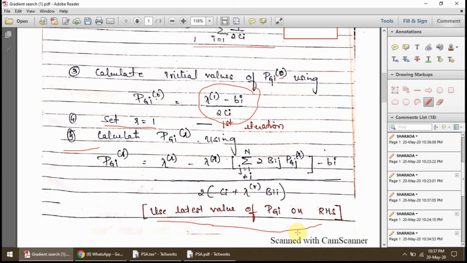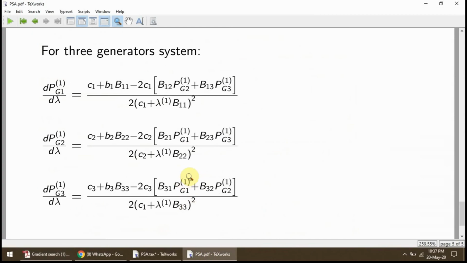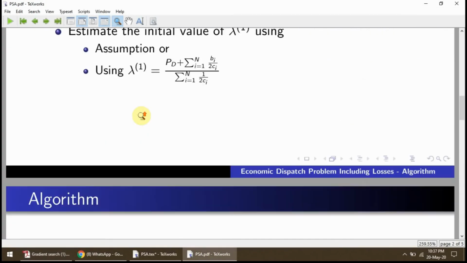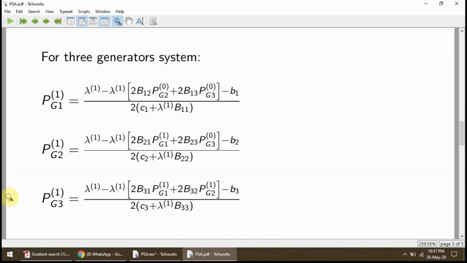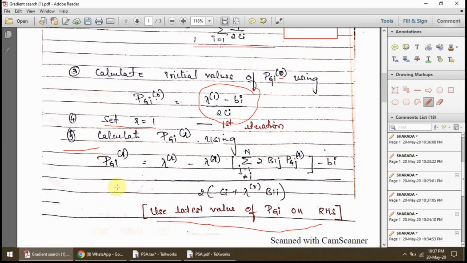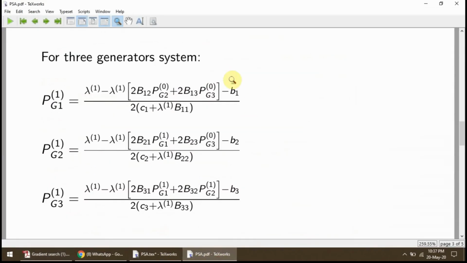What does that mean? To better understand, we have these expressions, which we have used here for a 3-bus system. These are the resulting expressions you will get for power for plant 1, plant 2 and plant 3.